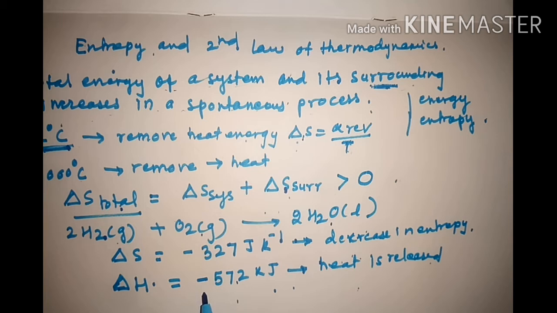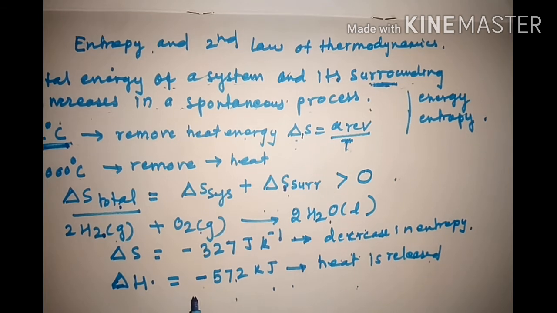So this is the enthalpy. Up till now we were saying that either heat is released or heat is absorbed, that is nothing but the delta H. If the heat is released, where will it go? It will be absorbed by the surrounding.